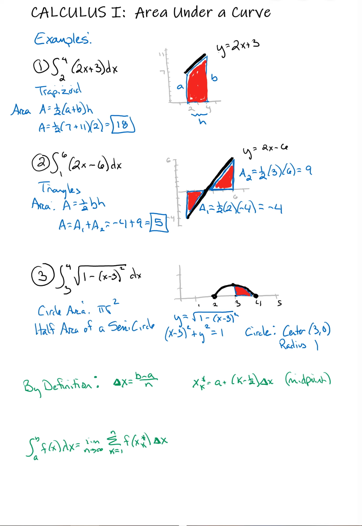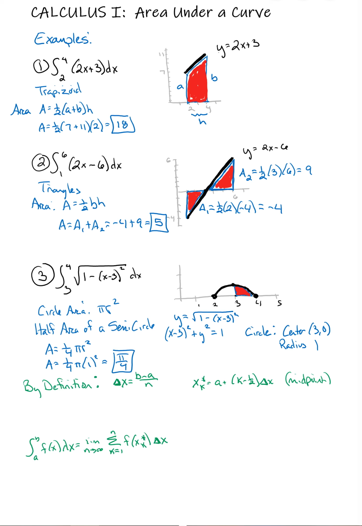So the area is 1/4 pi r squared. Well, for this particular example, we know that the radius is 1. So that gives us an area of pi over 4. Well, isn't that nice? I do want to take a look at this example using the definition.